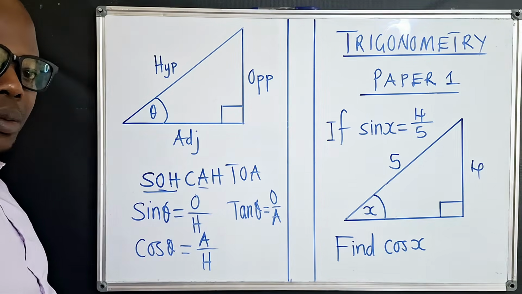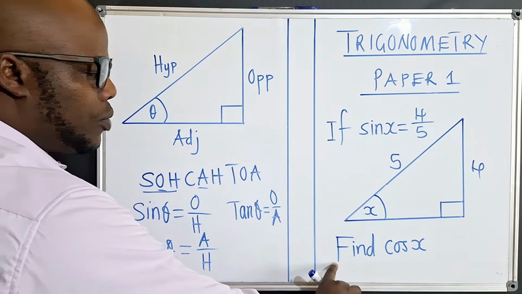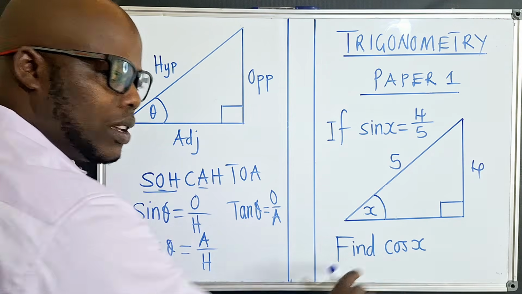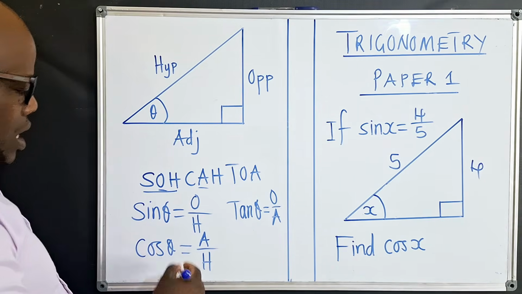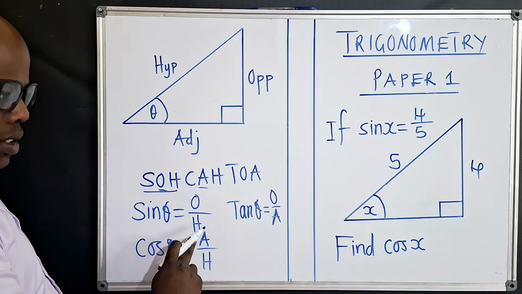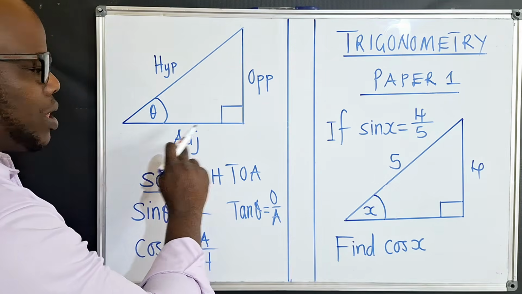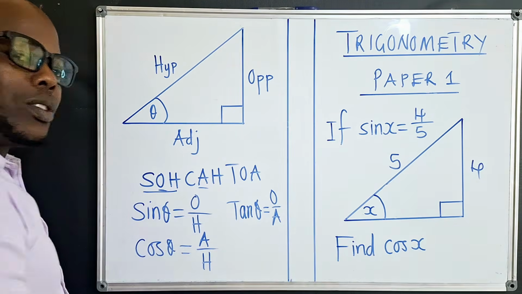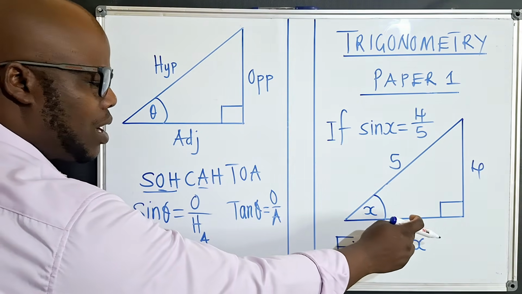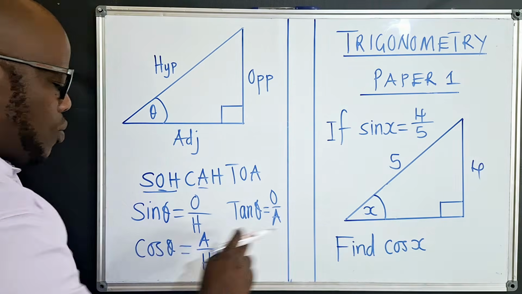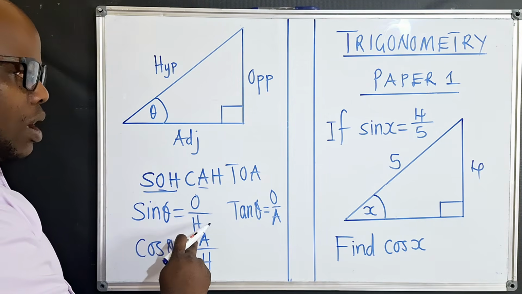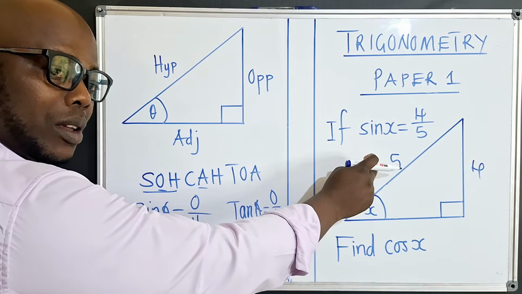Now, in order for us to find cos x, we need adjacent. But when you look here, do we have adjacent? No, this is where the adjacent is. We don't have it, so we're supposed to find the adjacent. And when we find adjacent, we'll write it here over hypotenuse, which is the 5.